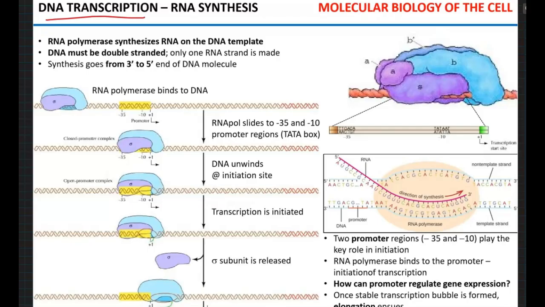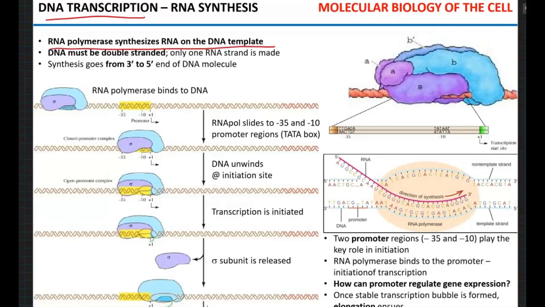Say I'm telling you stuff in English, and then you convert the recording of my voice into text, still in English, but a different medium. It's text on paper, not the spoken word. So same here. The language is the same, it's nucleotides. But there are slight differences, such as a different sugar, U instead of T, and so on. So what essentially happens during transcription? This.